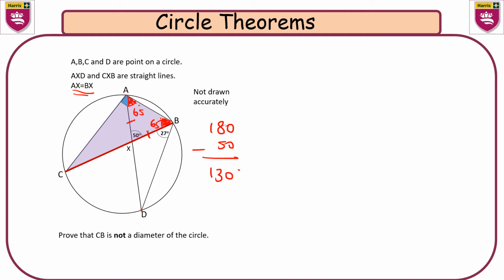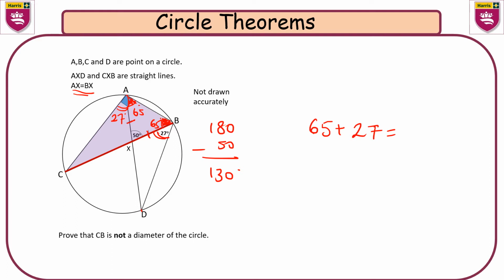This is again angles in the same segment. If that's 27, this then is 27 degrees because they are angles in the same segment with the common chord. I'm going to figure out if 65 plus 27 gives me 90 degrees, and if it doesn't, then it is not a diameter of the circle, and that is me proving that C to B is not the diameter.